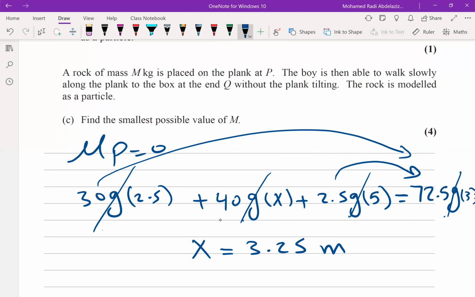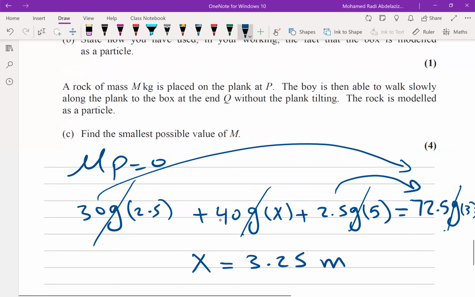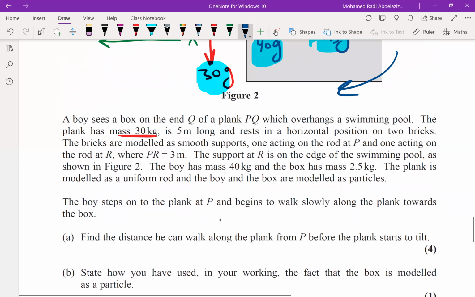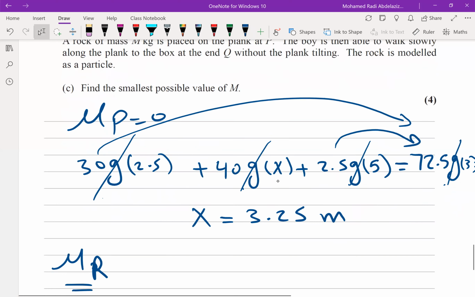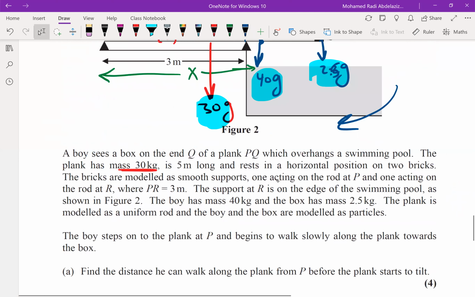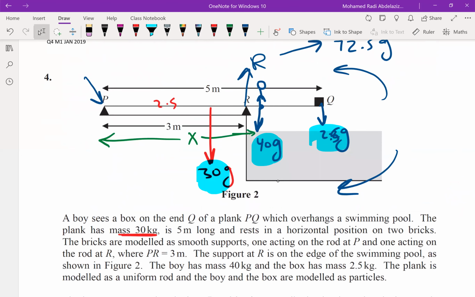3.25 meter. Or without finding R, if you apply the moment at R is equal to 0, this is another method. Moment around R is equal to 0. So we have 2 clockwise, the 2.5 rotates clockwise, and the 40 clockwise, and the 30 anti-clockwise.